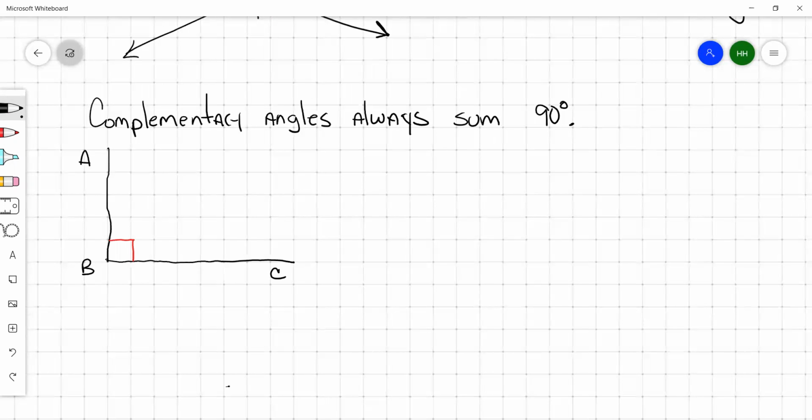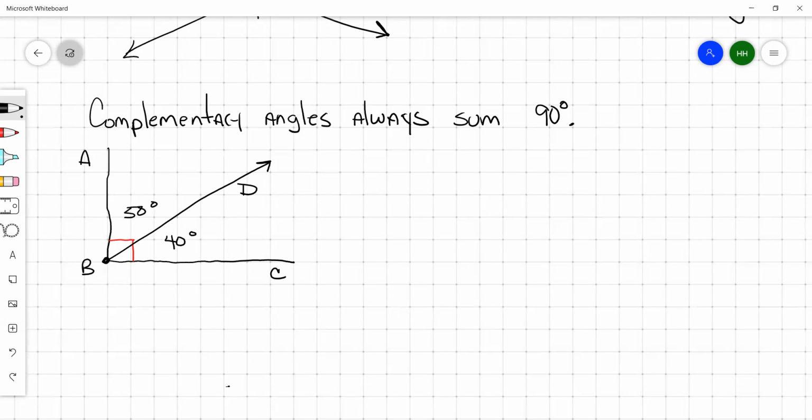If you put your pencil on point B and draw another line, a ray coming out of there, put point D on it, now you've got angle ABD and angle DBC. Okay, those two angles right there, they're complementary angles, because their two angle measures sum 90 degrees. This angle up top, let's say it's 50 degrees, then the angle down here on the bottom would be equal to 40 degrees.